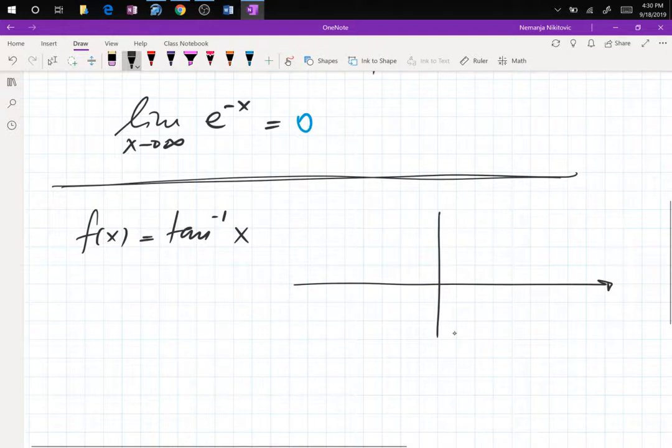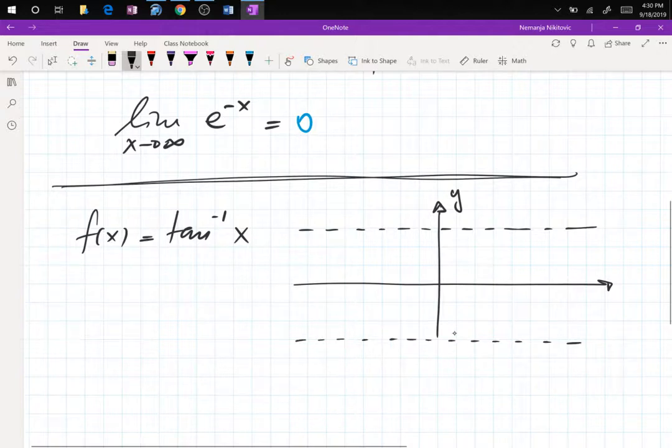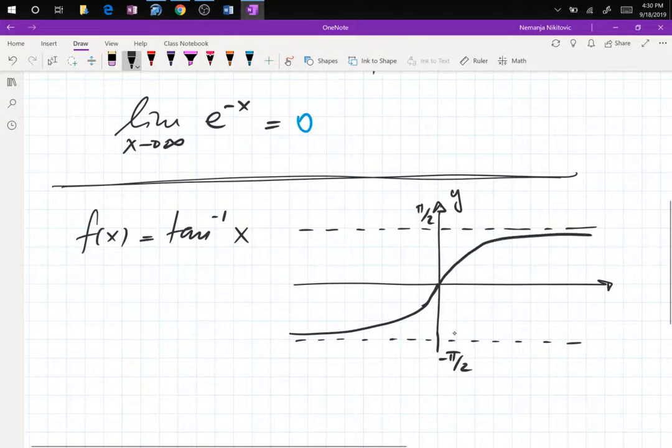So here is the graph for inverse tangent. Draw two asymptotes, equally distant. Label those as negative pi over 2 and pi over 2. And then snake the function through like a sideways tangent, like this. So this is your tangent inverse of x.